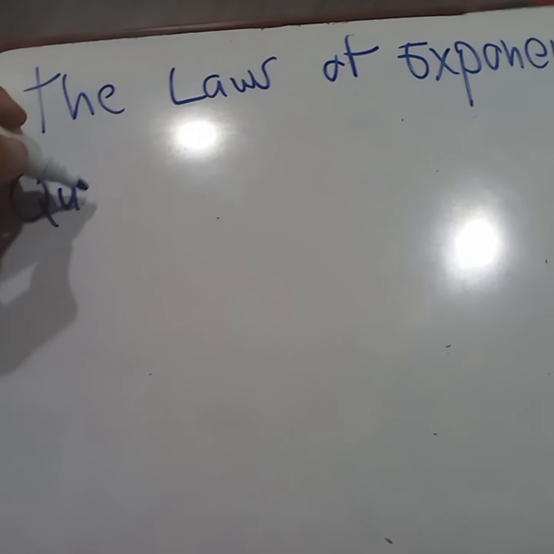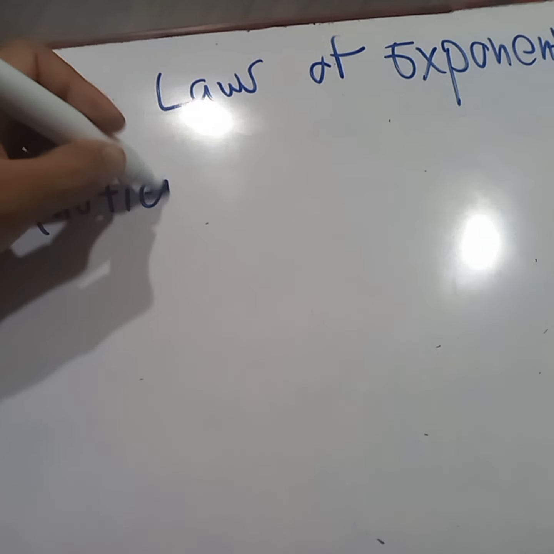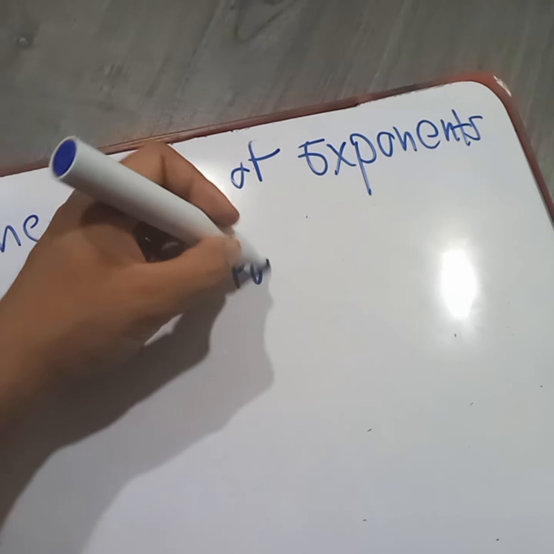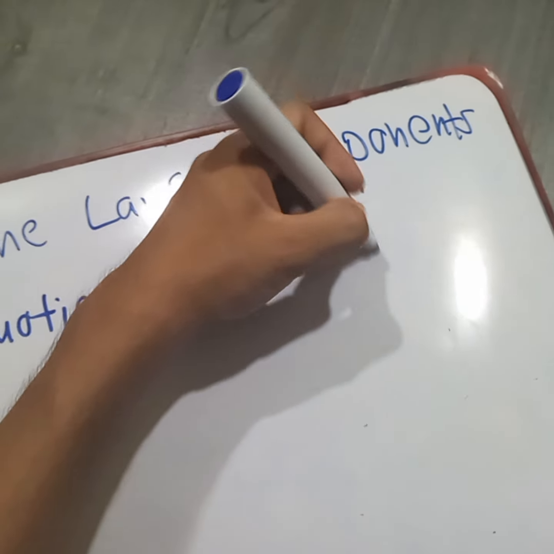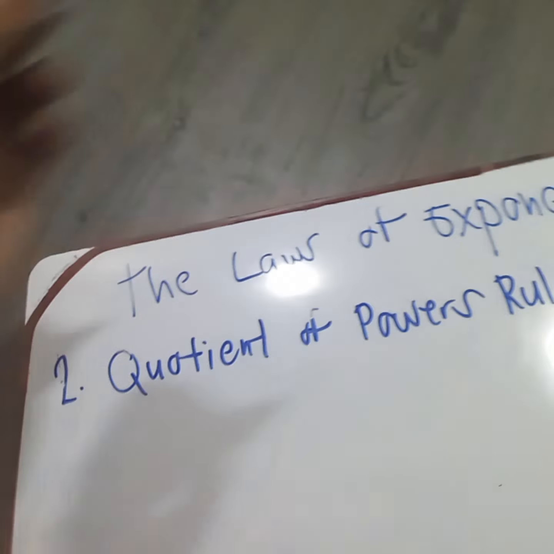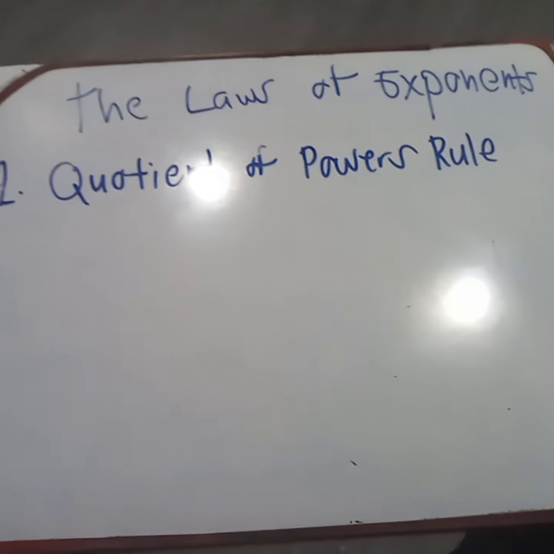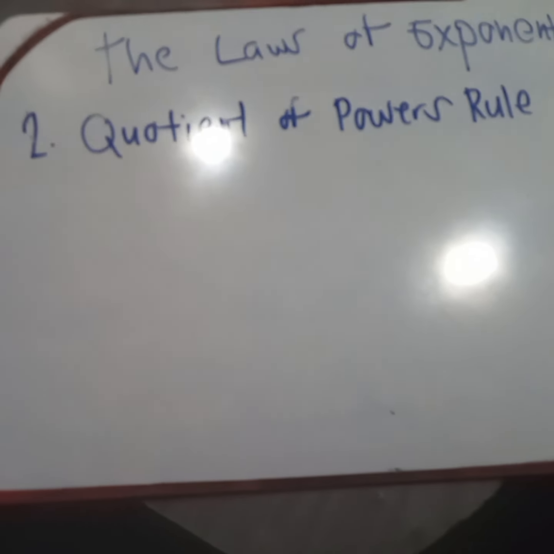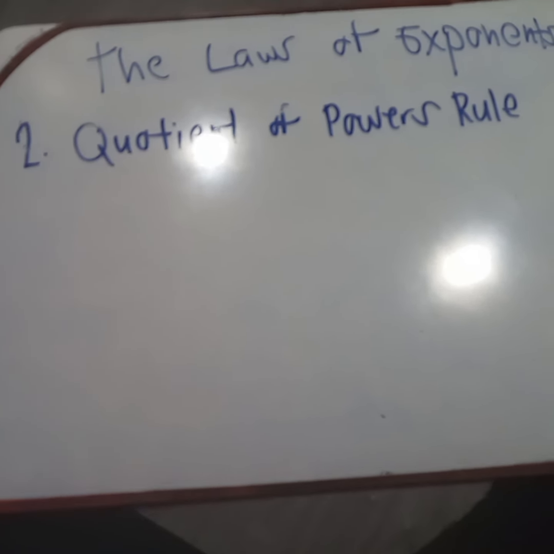Quotient of powers rule. Or in a much simpler sense, you can call this the quotient rule. So this is the number 2 rule.